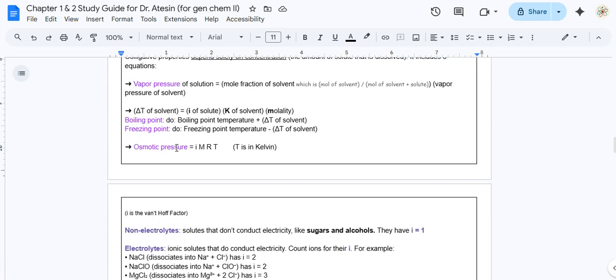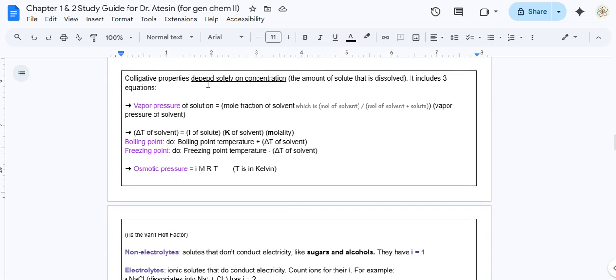So colligative properties depend solely on concentration. They don't depend on other things like states of matter. And colligative properties include these types of equations.